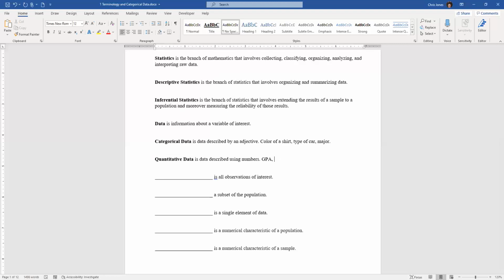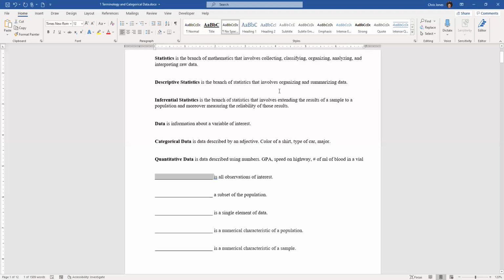So that's one measure of quantitative. Your speed on the highway is another measure of quantitative data. The number of milliliters of blood in a vial, that would be another measure of quantitative data. All right. So categorical is described by an adjective, quantitative is described numerically.